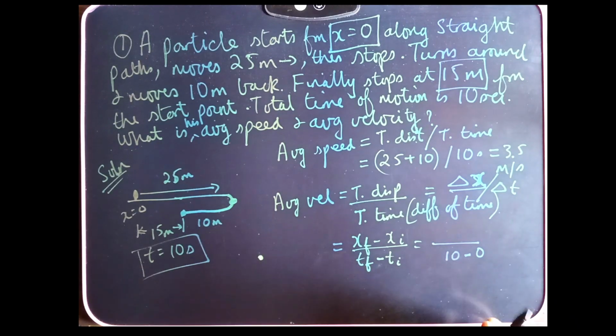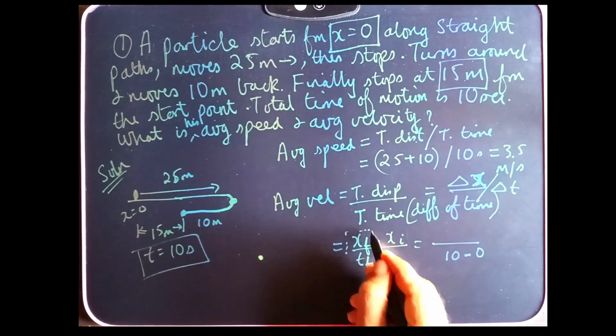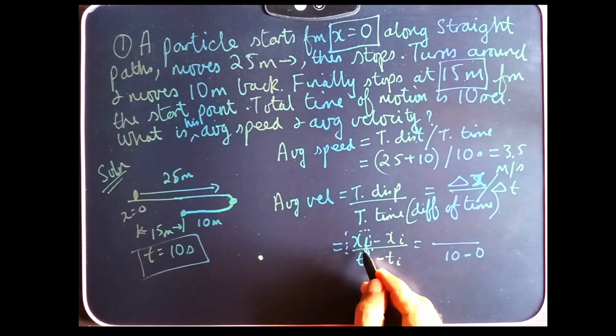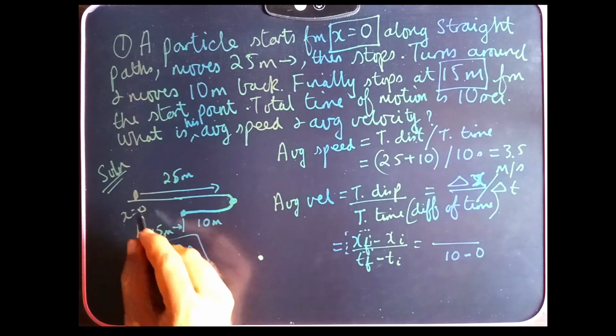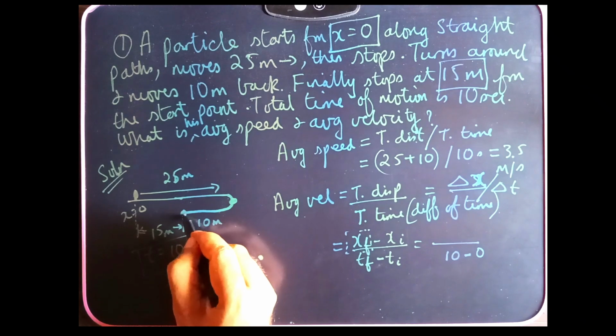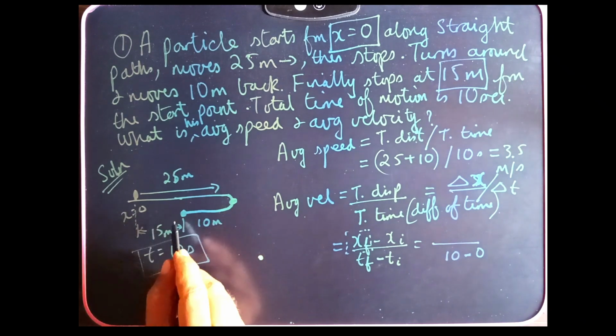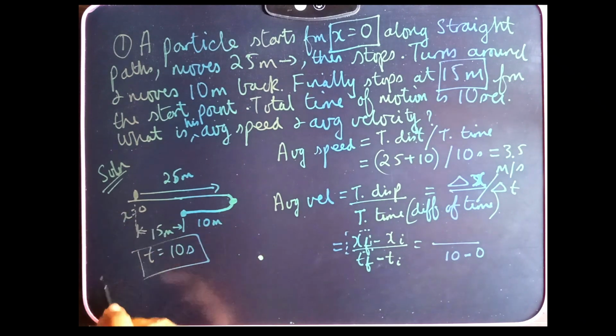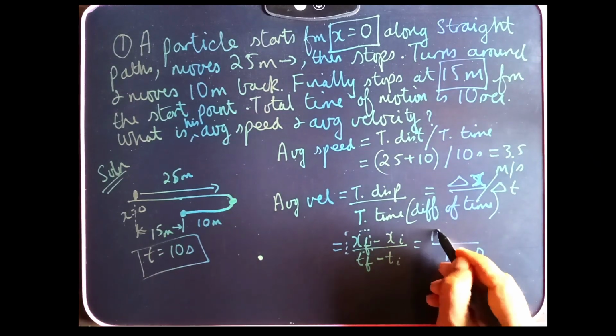What is the x final? X final with respect to the position of the particle. What is the position of the particle at x final? With respect to this reference, the position of the particle at the final stage is 15 meters away from the origin. So that means it is 15.